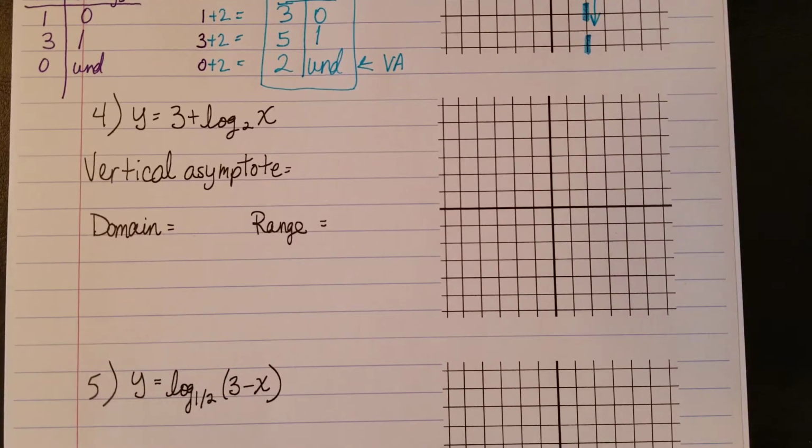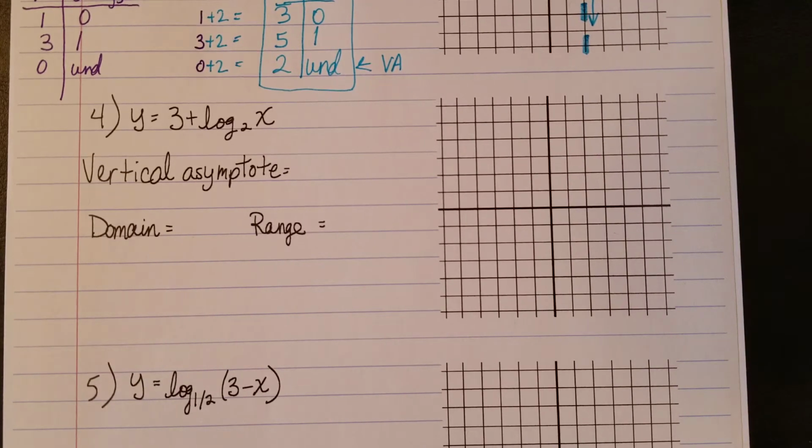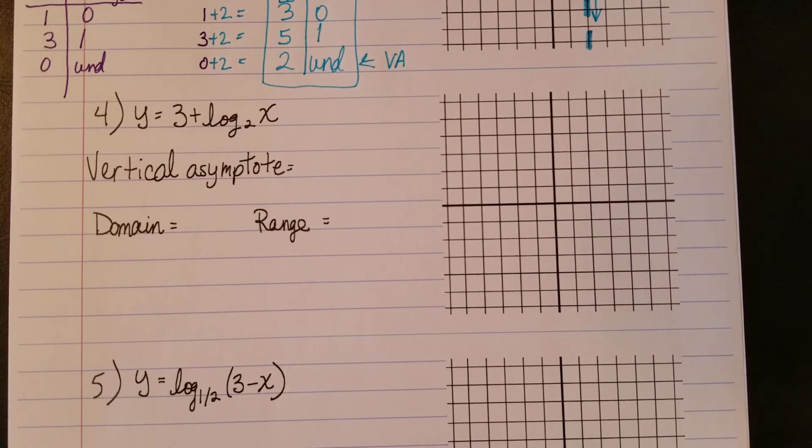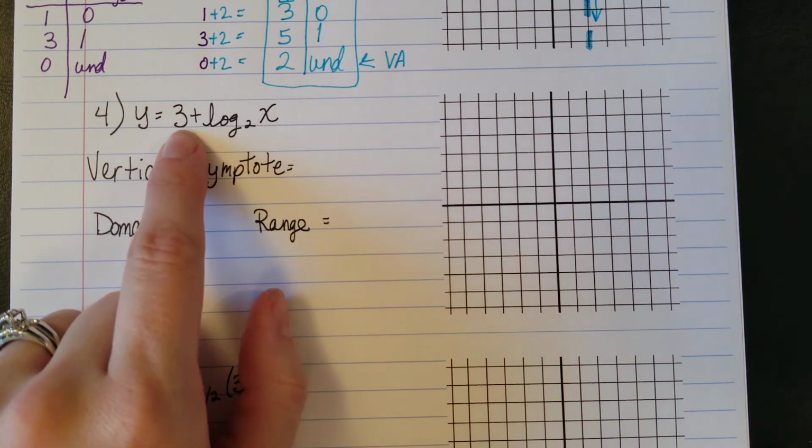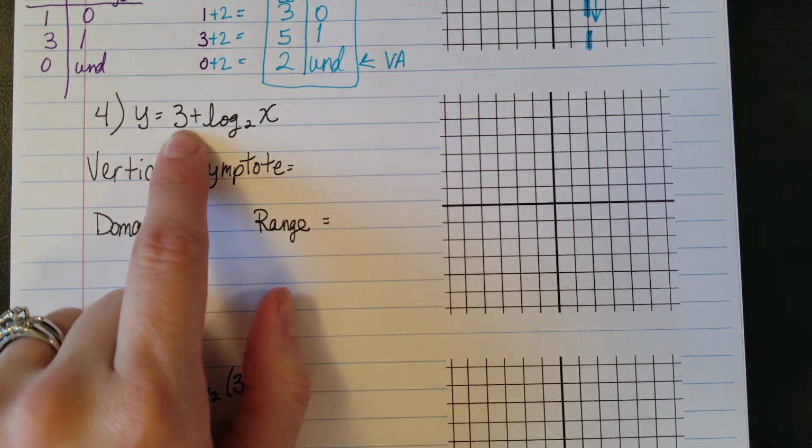Number 4, we have y equals 3 plus log base 2 of x. This is a 3 being added, but it's not in parentheses with the x. That means it applies to the y's, so we would add 3 to the y's.